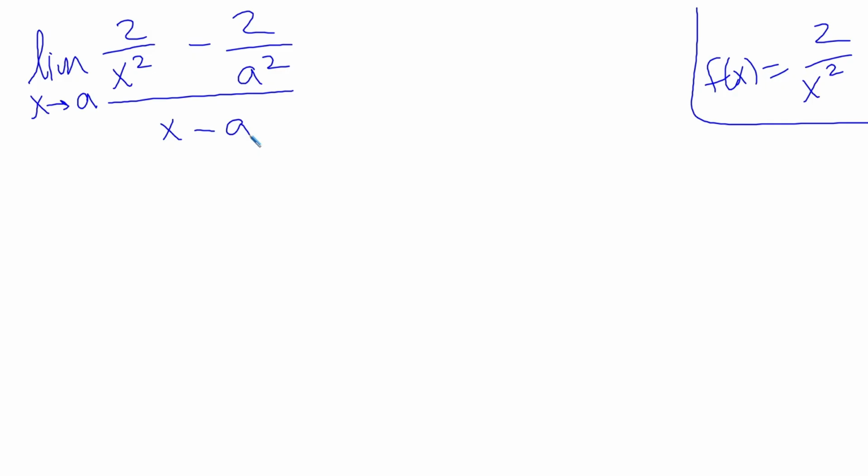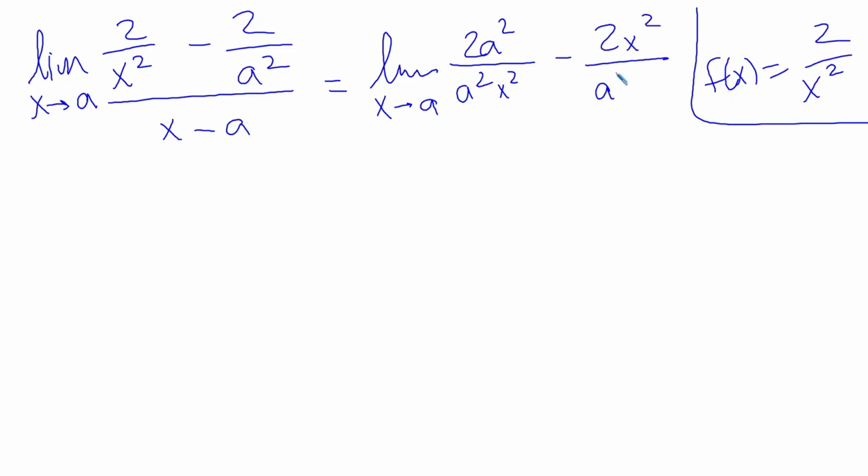We'll do the same thing to get a common denominator that we've done before. So limit as x approaches a, we'll multiply the first fraction, the 2 over x squared, by a squared over a squared to give us 2a squared over a squared x squared. And then we'll subtract the second one, multiplying by x squared over x squared, so minus 2x squared over a squared x squared, and I'll still write it as over x minus a here for now.